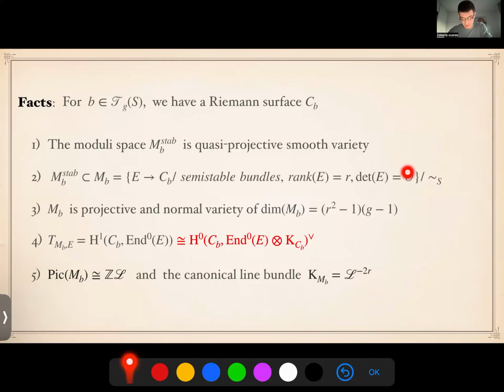Okay. Now we are interested in a special line bundle because we need a global line bundle on the variety M. M here is a relative family of moduli spaces, which means that if you fix any Riemann surface structure, the fiber of this map pi is exactly the moduli space that I gave before.